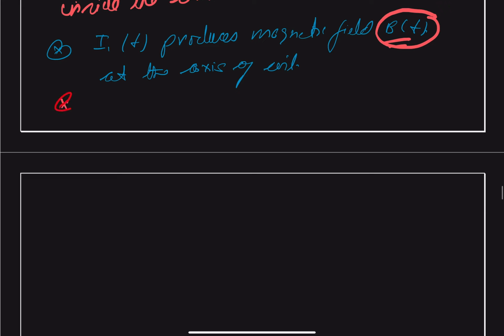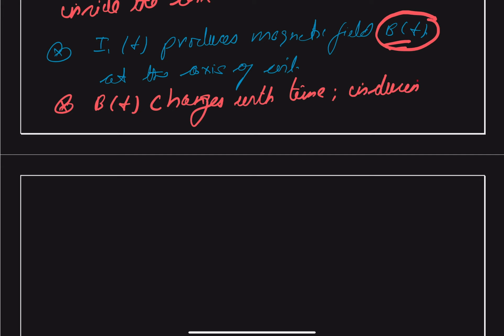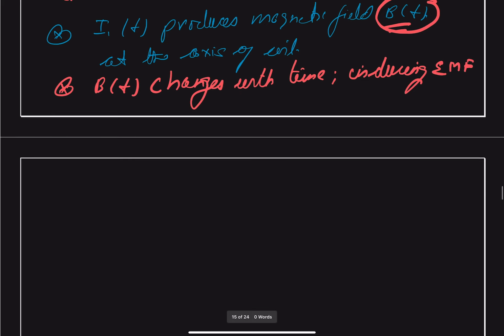So you can say that B of t changes with time, inducing an EMF in the ring.